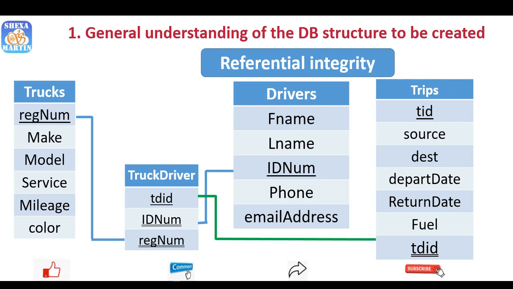Now what we need to do, we cannot create this table first before creating this one. Why? Because of creating as well as inserting values. We cannot insert a value for trips if we do not have a driver assigned to a certain vehicle, because a trip is taken by a driver who is assigned to a certain vehicle.